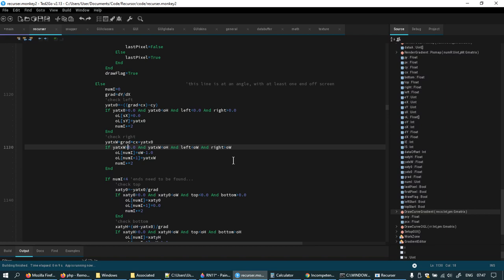If that is greater than that and less than that, and left is less than that, and right is greater than that, so all that comes out true, and that seems to apply. Y at x width equals gradient times cx.